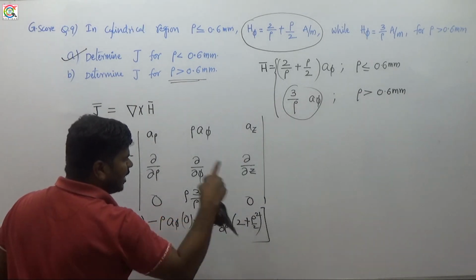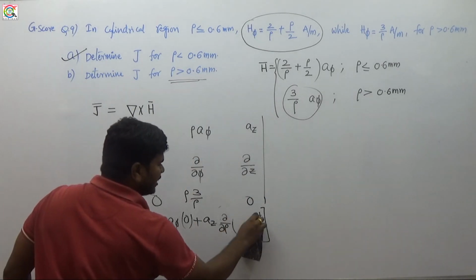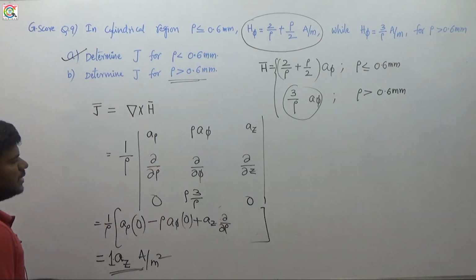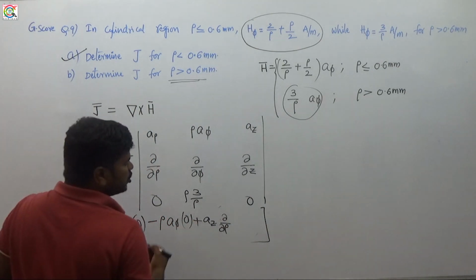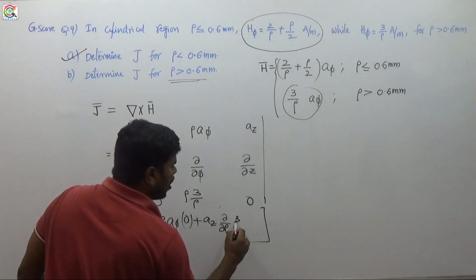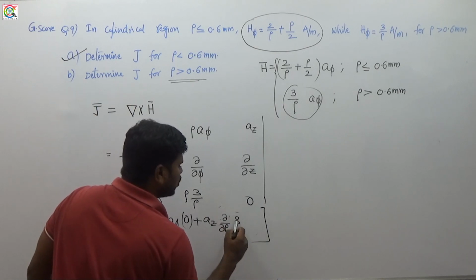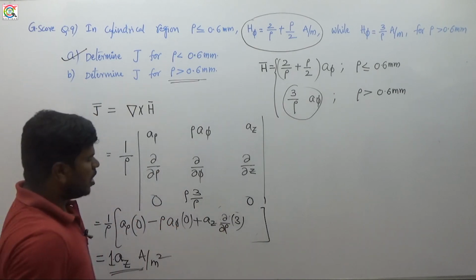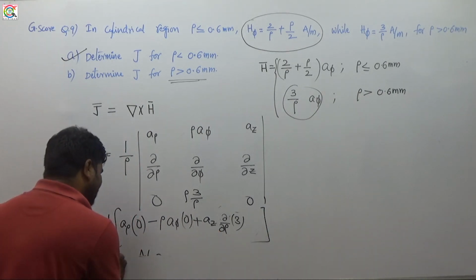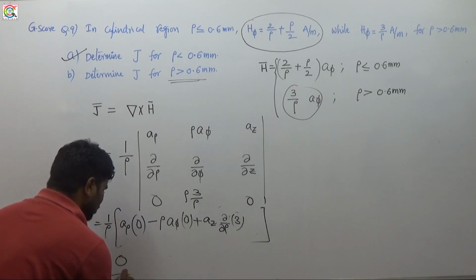While you are writing the az component, how much you will get? So rho will get cancelled, dou by dou rho of 3, how much you will get? It will be 0. Okay, so the final answer will be rho. For this the answer is 0.